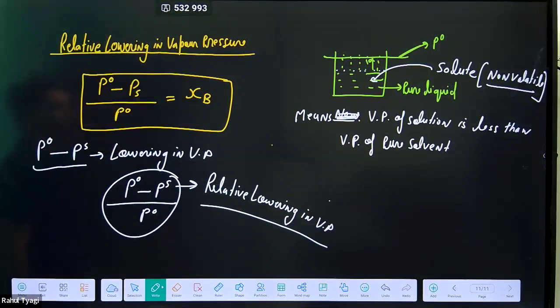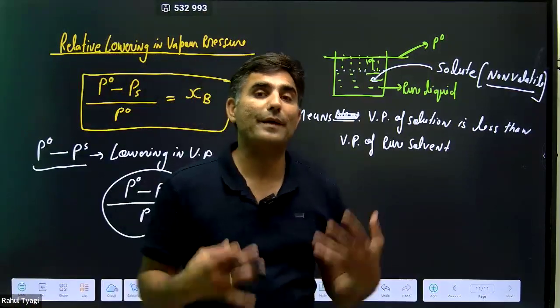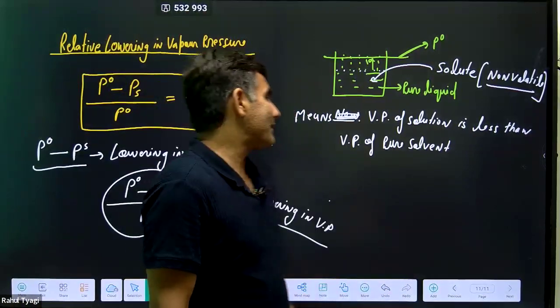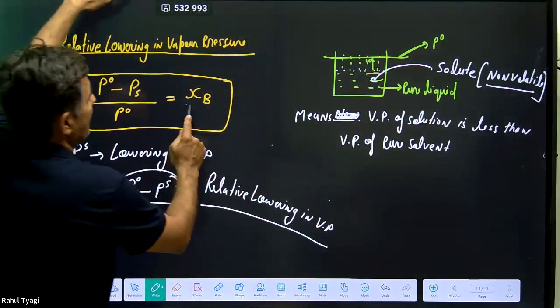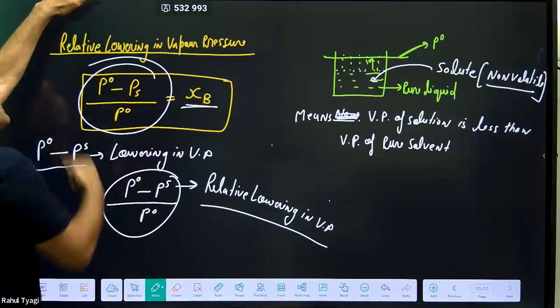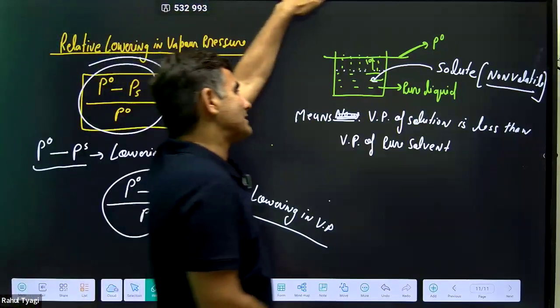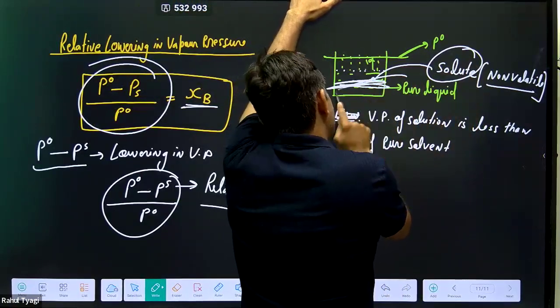Got it or not? Now, what we observed experimentally, the relative lowering in vapor pressure is equal to the mole fraction of solute. It means the relative lowering will be greater the greater the mole fraction of solute in this liquid phase.